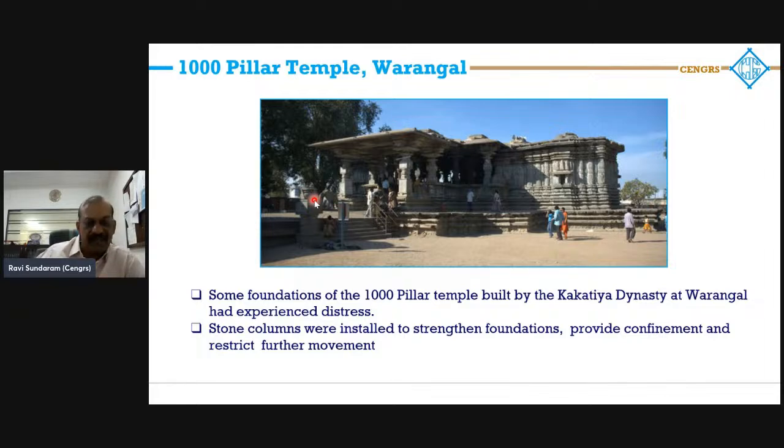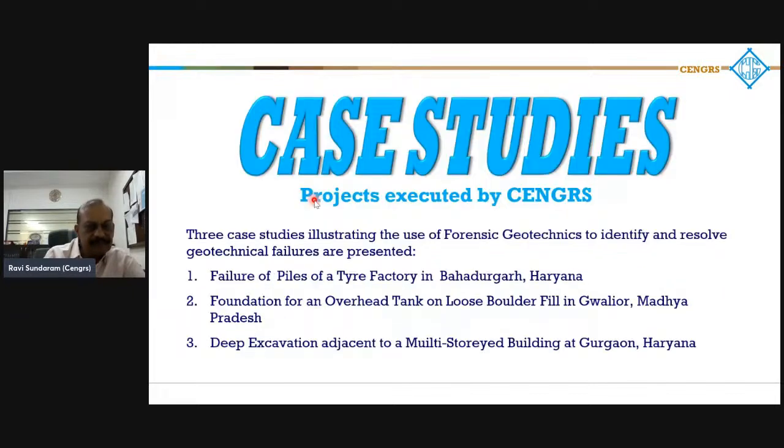Some foundations of this famous temple of the Kakatiya dynasty had experienced distress. So stone columns were installed to strengthen the foundations and to provide confinement so as to restrict further movement. So now this temple is safe and working well.